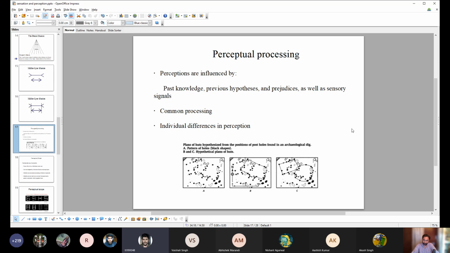So I feel C is the appropriate one because while looking at the three diagrams, while we see the second one, we got these holes, but while looking at the diagram in B, there are so many holes which are not connected, which doesn't show any sense.